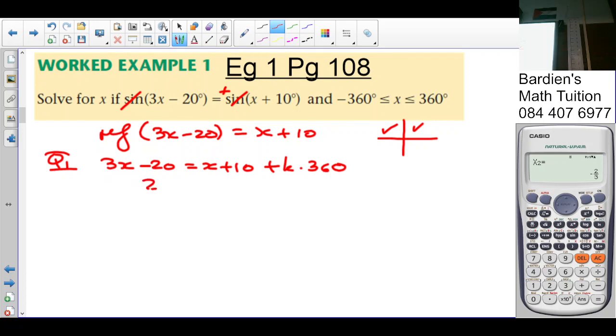Putting the x over, we get 2x is equal to 30 plus k times 360, divided by 2. So it's 15 plus k times 180.